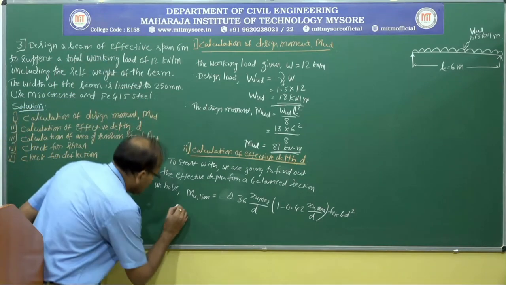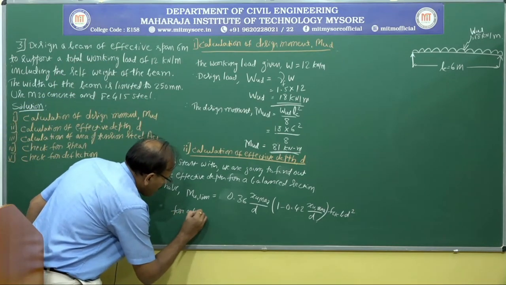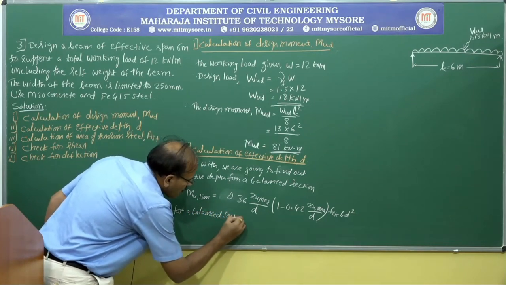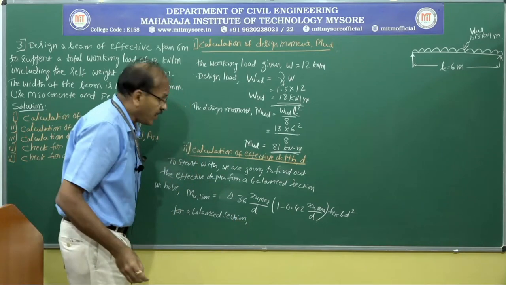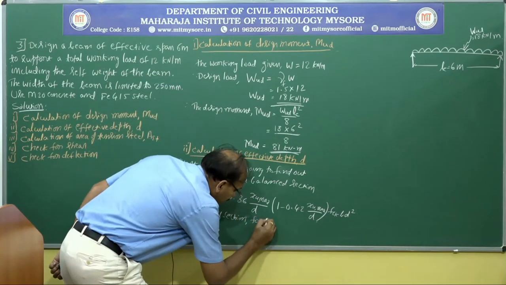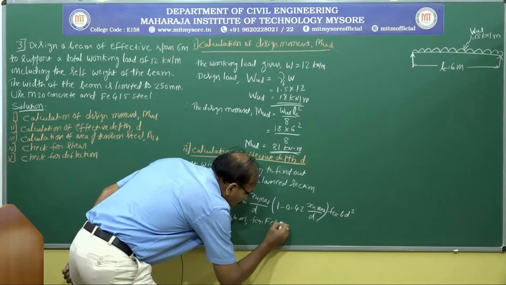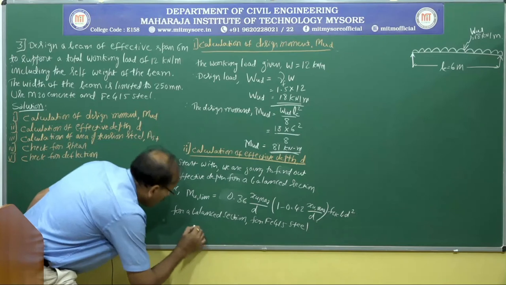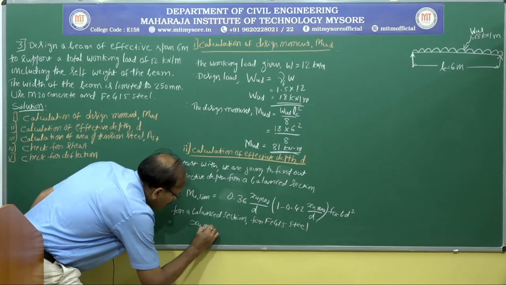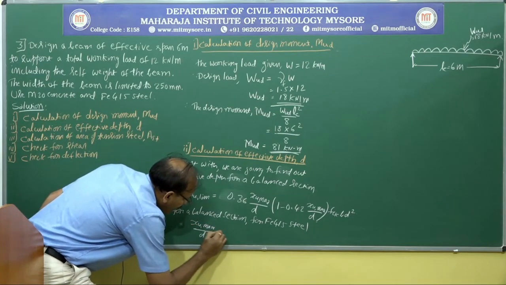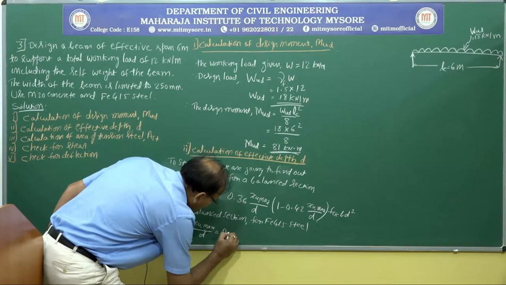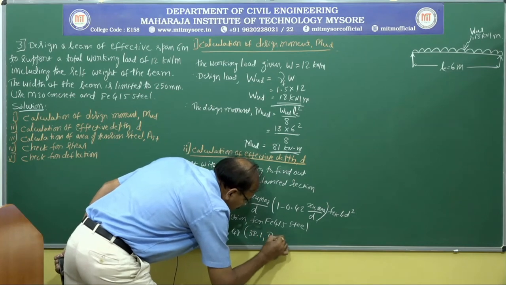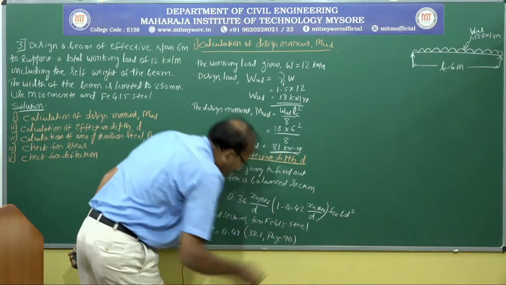So for a balanced section, for Fe 415 steel, XU max by D equal to how much? 0.48. This is as per 38.1, page 70 of the code book.